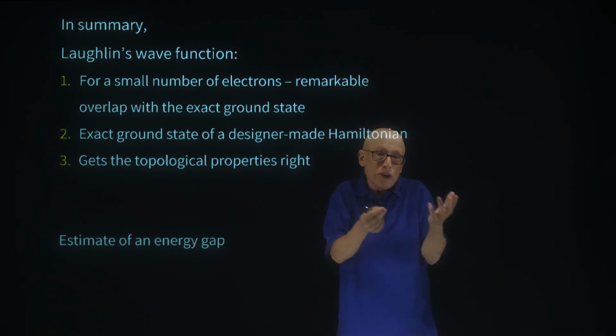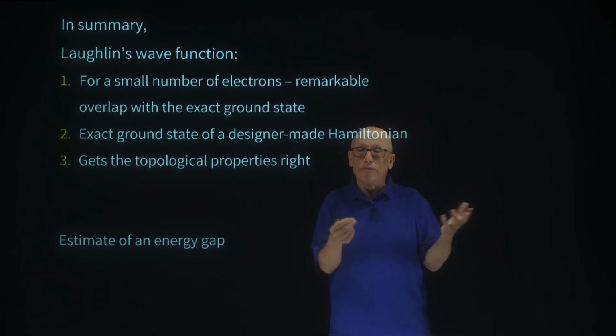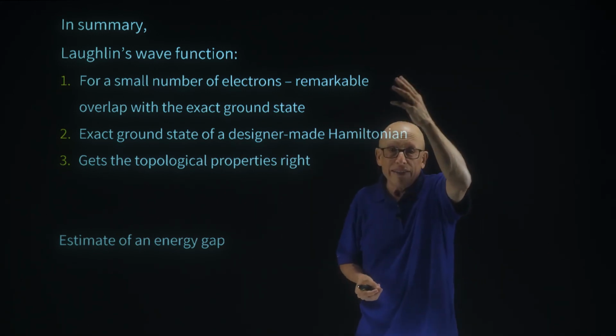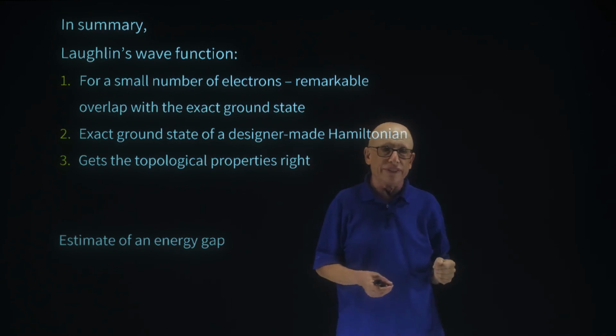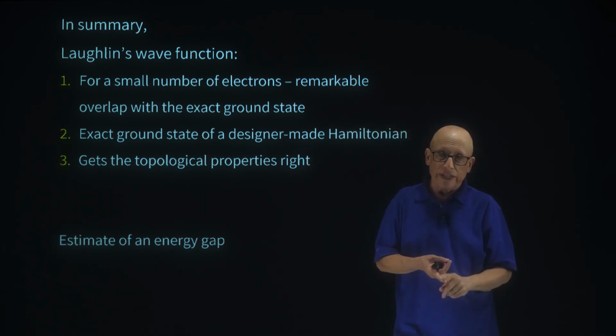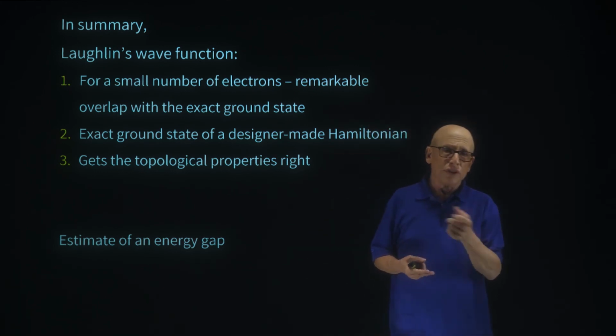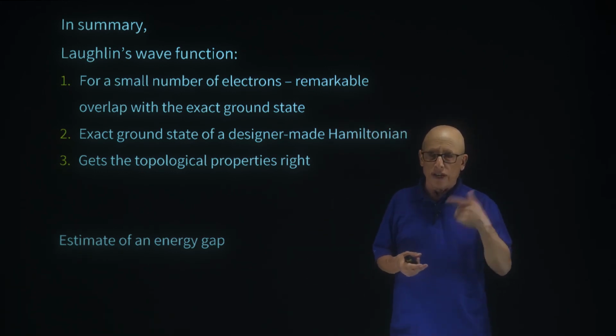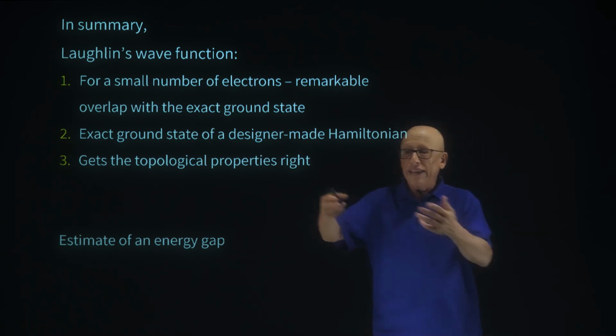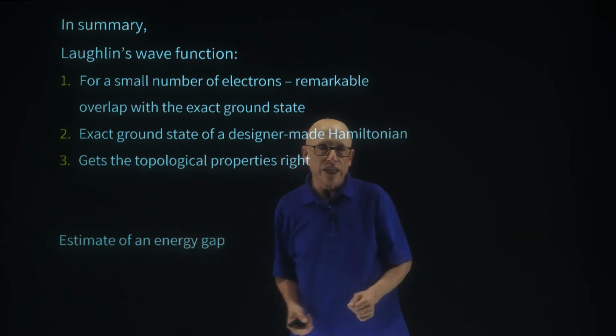And that Hamiltonian is not that far from the Coulomb one. So this approach gets the topological properties right. It gets the charge of the quasi-hole right. It also gets the statistics that correspond with the statistics that we calculate with the other approaches. And it gives us a tool to estimate the energy gap.